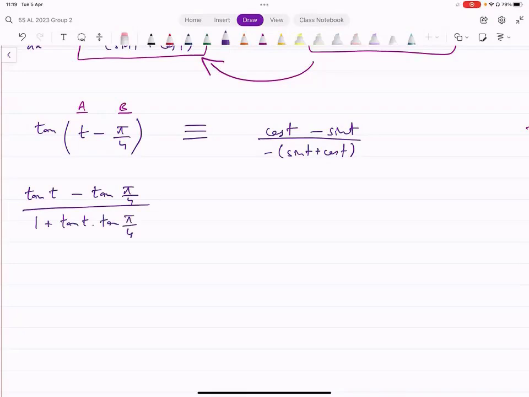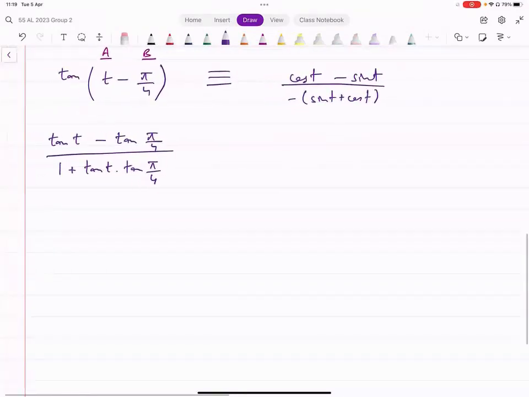Now what's tan pi over 4? It's 1. Pi over 4 is 45 degrees. So tan pi over 4 is basically 1. This becomes tan t minus 1 divided by 1 plus tan t.